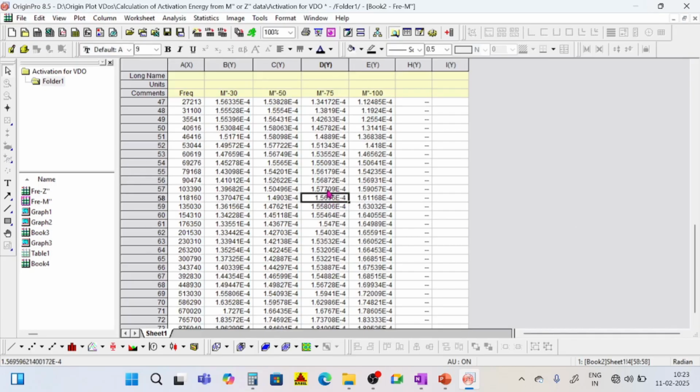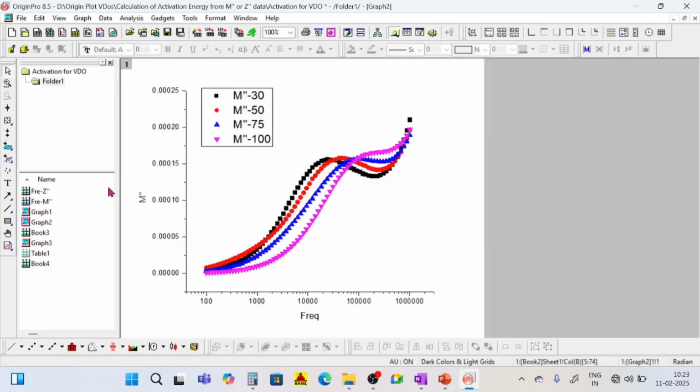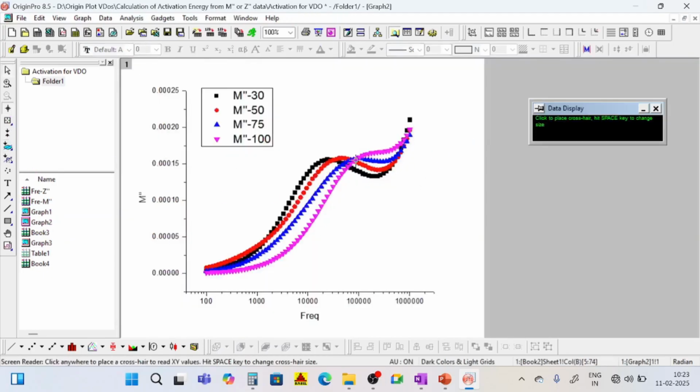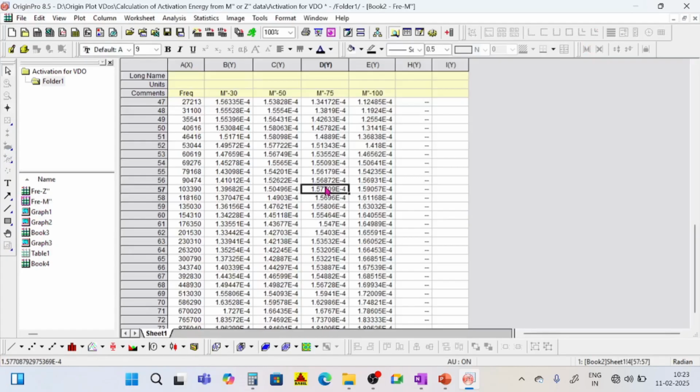So this one is the M double prime maximum, and the corresponding f max is around 1000. Again I have to consider the graph, around 1000 it will come like this here, no? Yes. So on the data sheet this value is the maximum peak value, and the corresponding f max is this one. Copy this one and paste it over here.